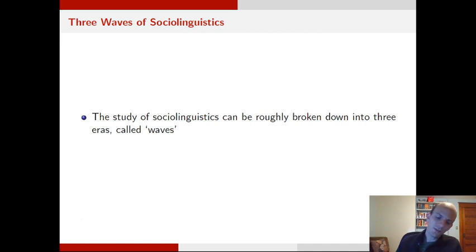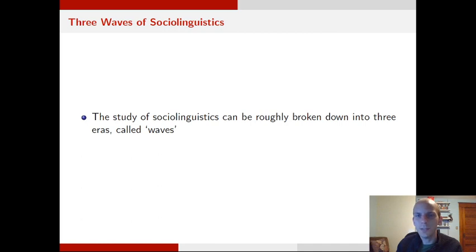So sociolinguistics itself is actually a fairly recent subfield of linguistics. Modern sociolinguistics kicks off in like the 1950s and 60s, which may sound like a long time ago, but it's really not.